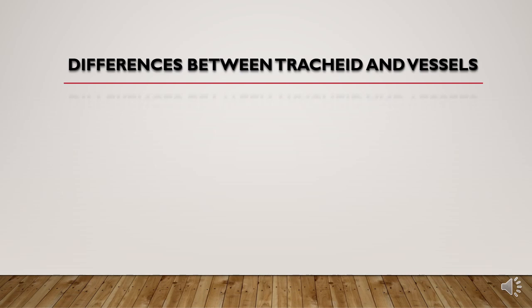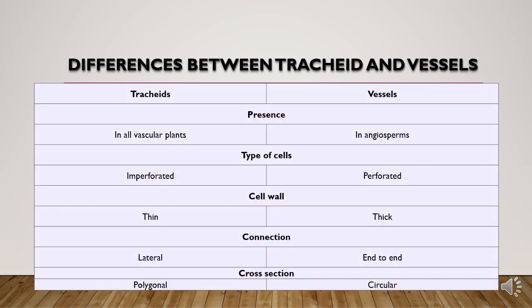So we need to understand the differences between the tracheids and the vessels, and these are found in the xylem tissue. If we are discussing the differences, first we need to know where they are found. Tracheids are found in any vascular plant.